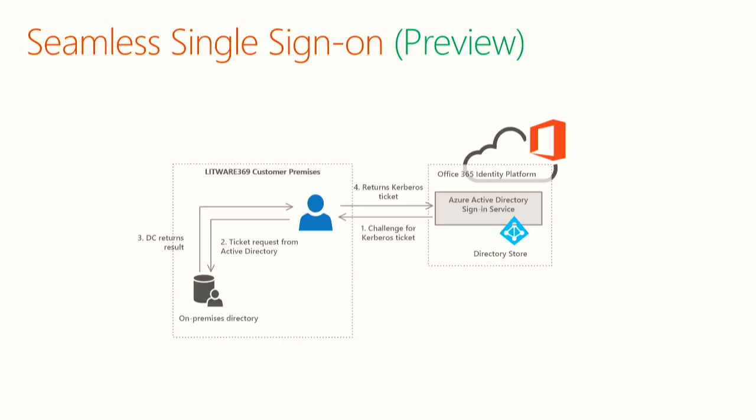The computer account has its machine password synchronized through AD Connect to Azure AD. So when the Kerberos token is wrapped up in HTTPS and sent back to the service, we can decrypt the token and the password and prove that the user performed Kerberos authentication and let them in the door.